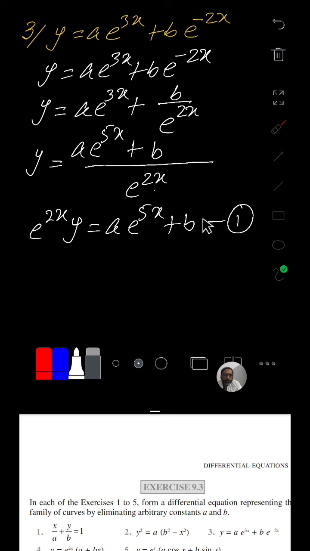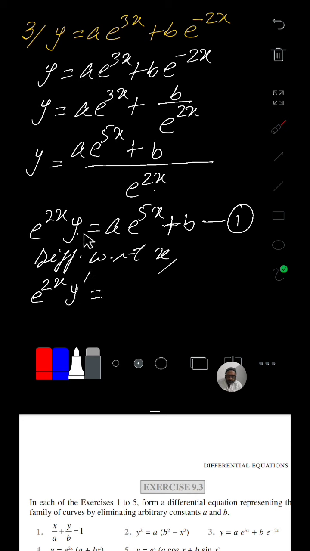So now we have made b alone without any variable term, so that by differentiation we can eliminate this one. Differentiating, if we differentiate the left hand side, we need to use the product rule. First function as it is, derivative of second, that is y dash. Remember, y dash stands for dy upon dx, y double dash stands for d2y upon dx square.